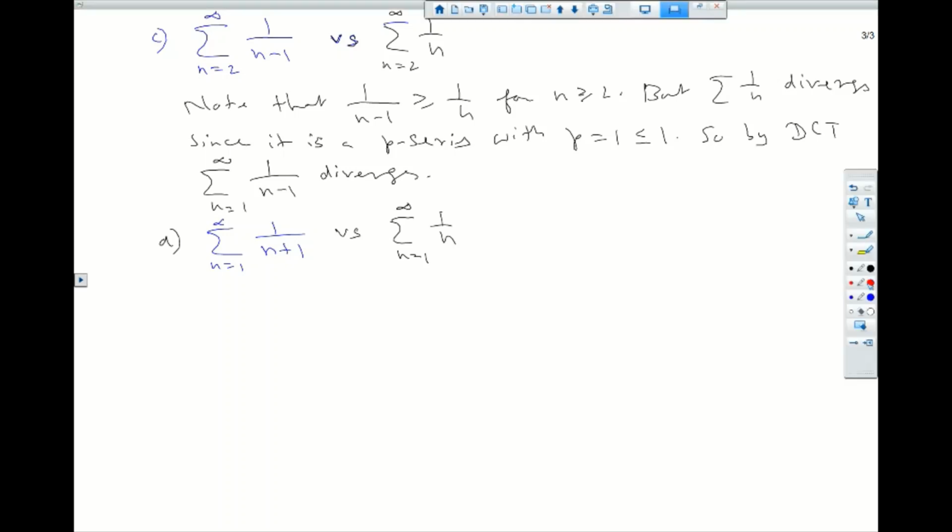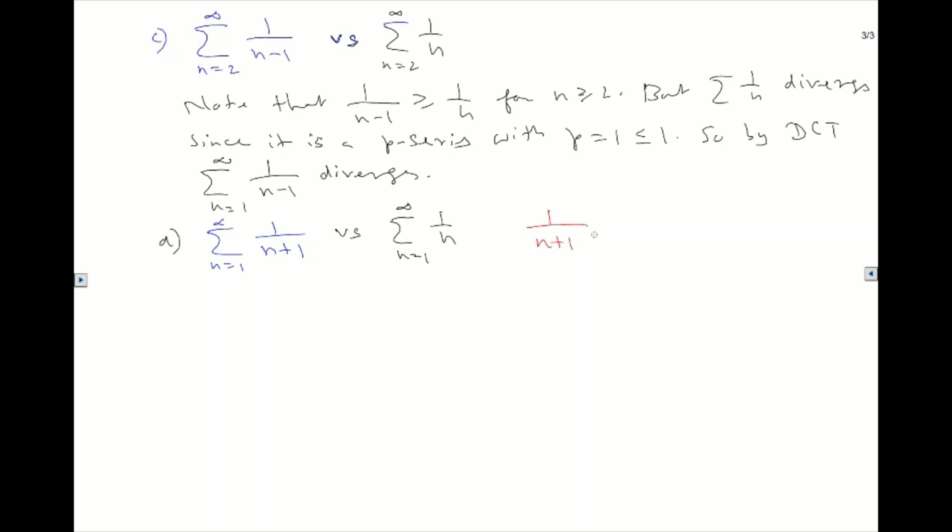But see that you are adding something to the denominator, so in this case 1 over n plus 1 is smaller than 1 over n, but the larger series diverges. So when the larger one diverges, you can't say anything about the smaller one. So that means the direct comparison test cannot work here.